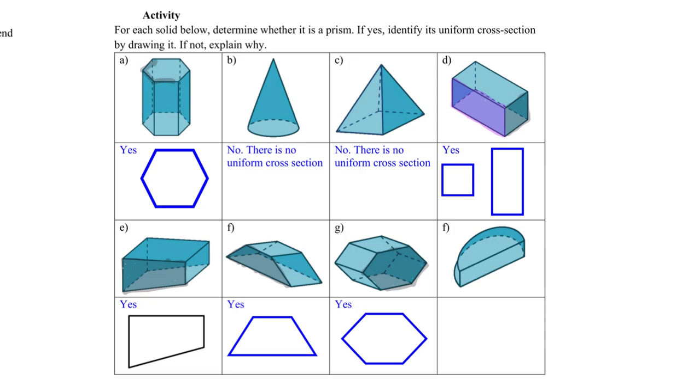So I should also highlight this. But for the last one, it seems to have a uniform cross section, yes. But do we define a prism with curved surfaces as a prism? No, we do not. The surface is curved.